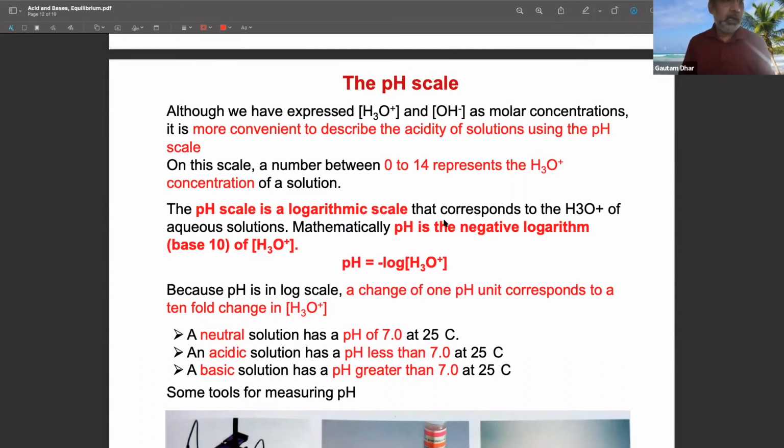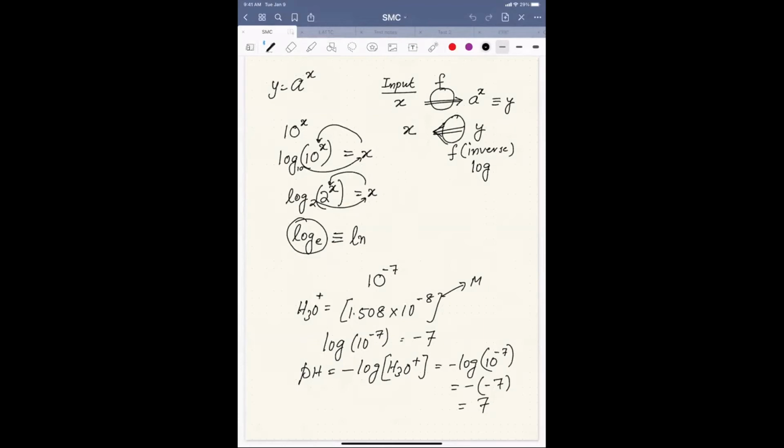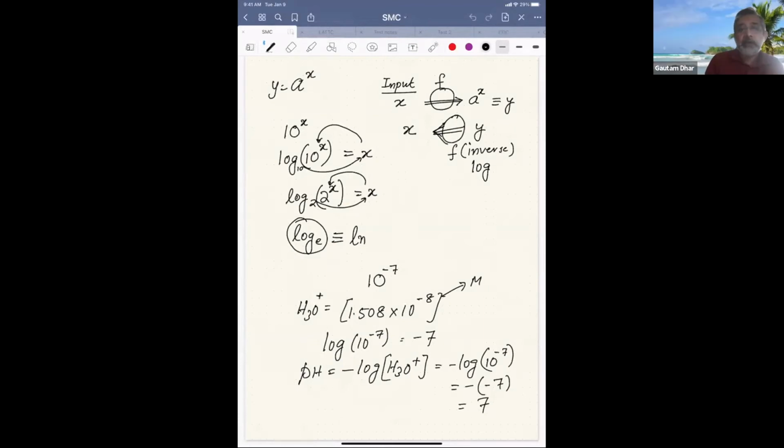Let me get my iPad. It's the reverse of an exponent. You can say that y equals a to the power x. So y is the output and x is the input. If there's a machine, we always put in x, and y comes out as the output.